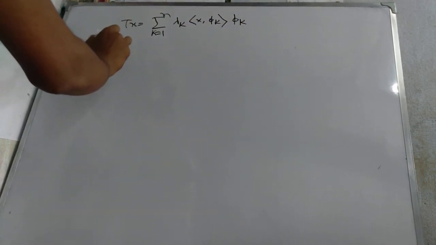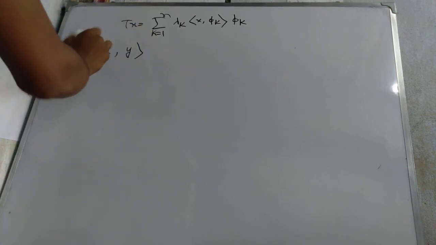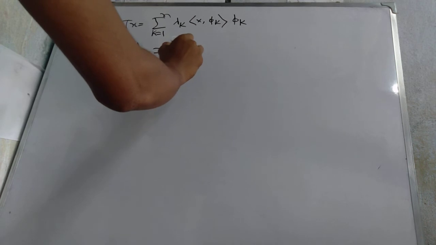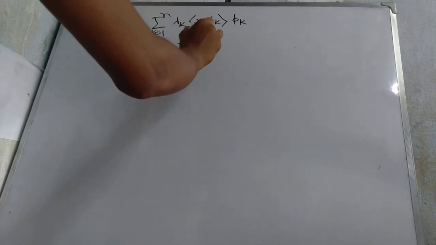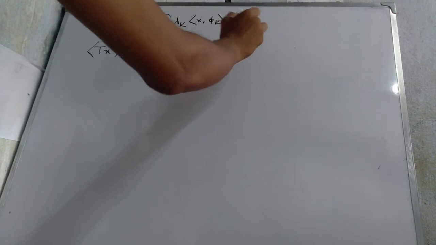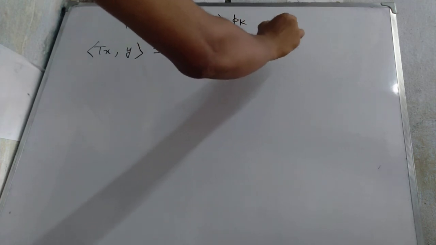Here Tx equals summation k equal to 1 to n lambda k inner product of x with phi k, times phi k. Then if we write inner product of Tx with y, this equals lambda k inner product of x with phi k, times inner product of phi k with y.